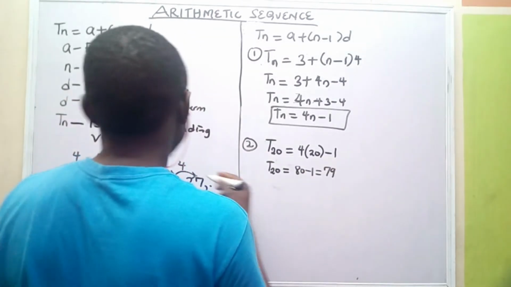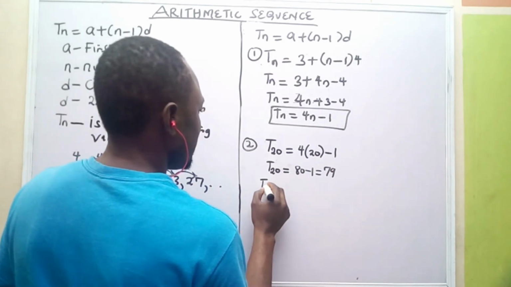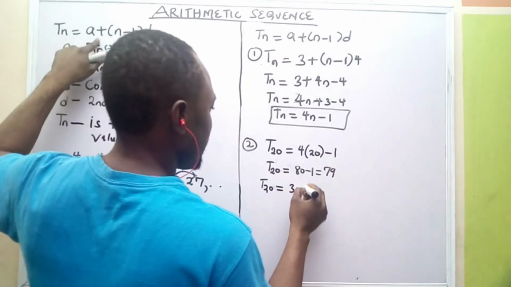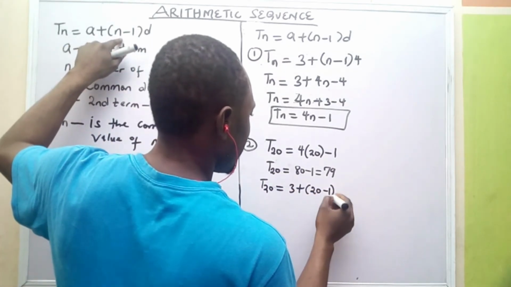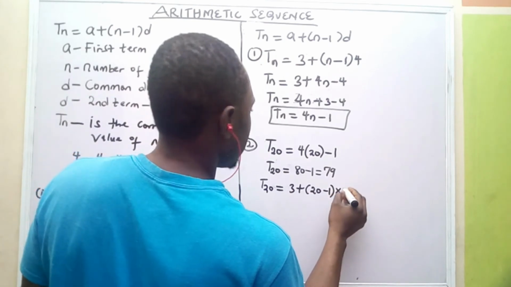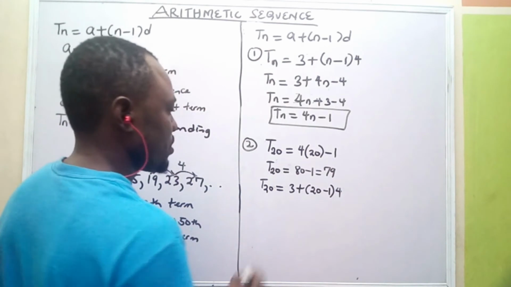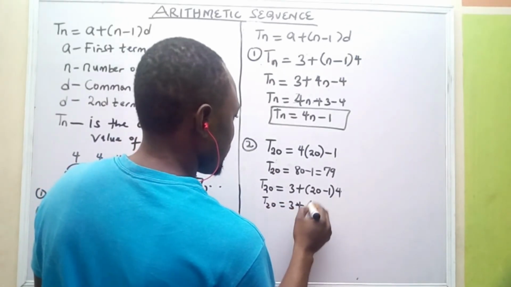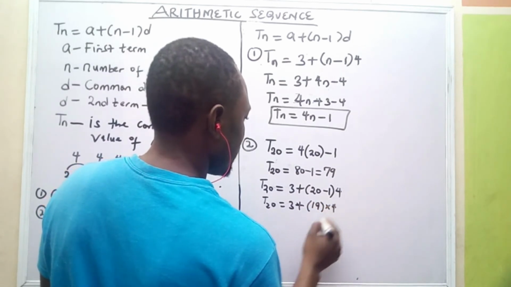Now, if I don't want to use this formula, I can use the general formula for T20. A is 3 plus bracket n, which is 20, minus 1, then times the common difference, which is 4. So T20 is 3 plus bracket 19 times 4.